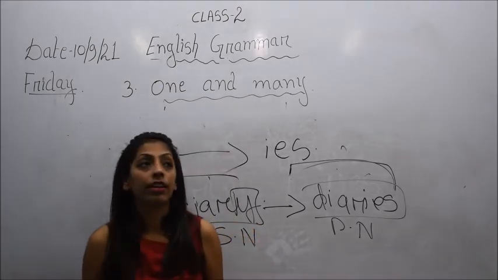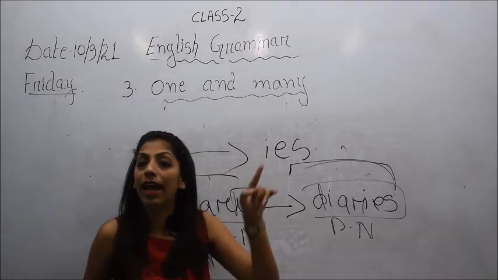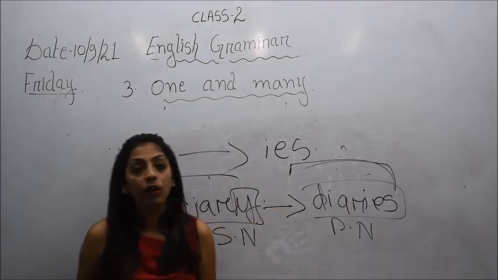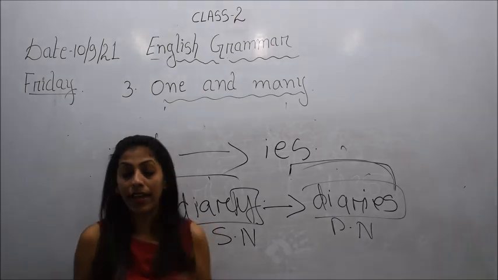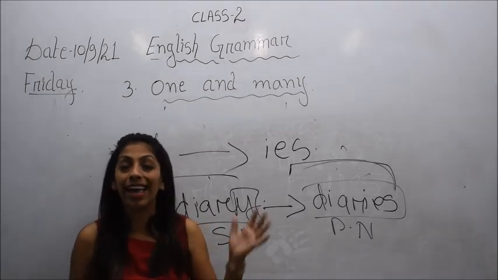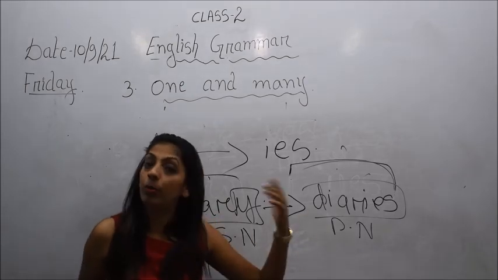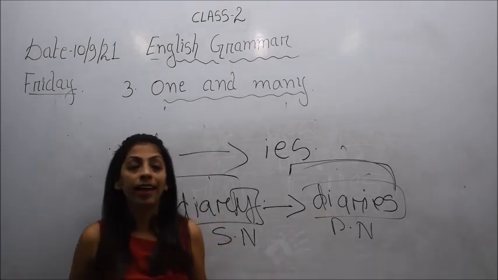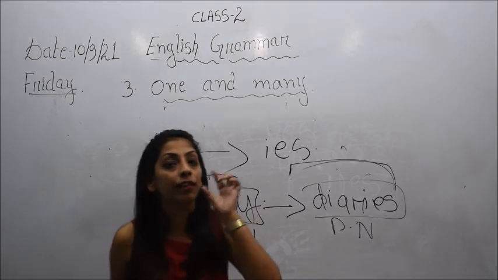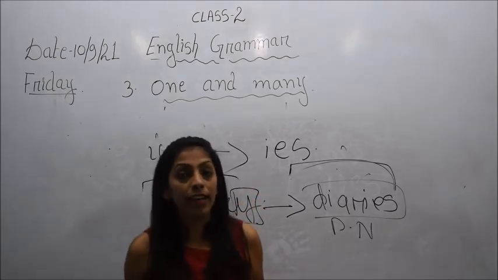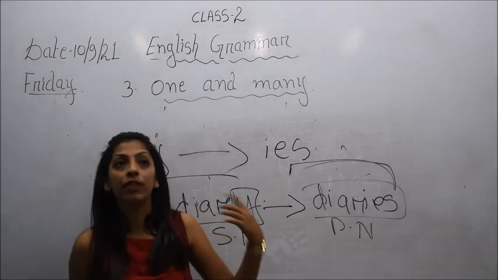There are some words where you have to add just S to make the plurals of them. And also there are some words like S, double S, X, SH, CH. By adding ES, you make the plural of them. And there are some words ending with F. There you have to add VES to make the plural of it, like knife, knives.